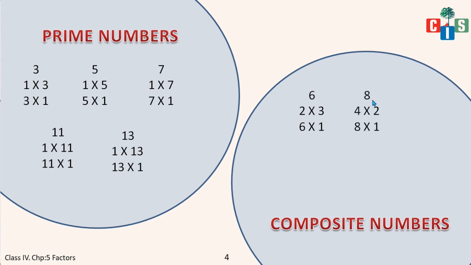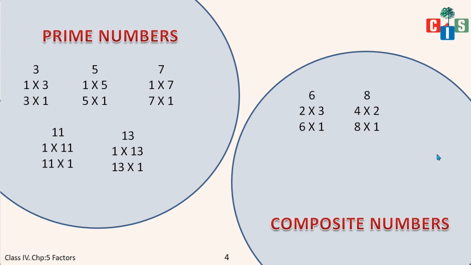Let's take another example, 8. 8 has 1, 8, 2 and 4 as factors. So it is a composite number. जिस नंबर के दो ही फैक्टर होते हैं, that is 1 and the number itself, that is known as a prime number. And जिन नंबर्स के ज़्यादा फैक्टर्स होते हैं वो होते हैं composite numbers. Fine.